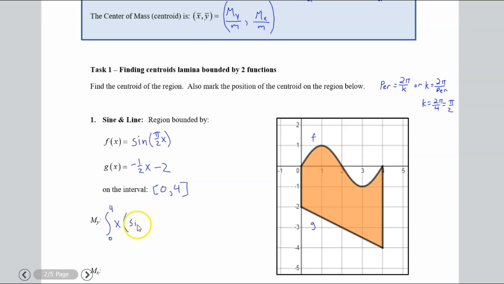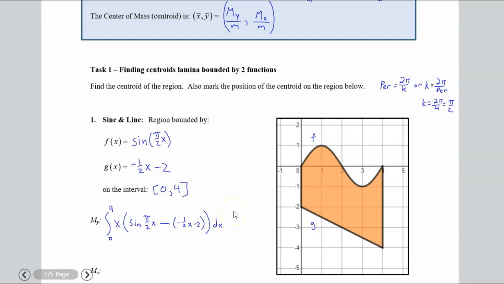So this would be sine of pi over 2x minus this negative 1/2 x minus 2. And you could go ahead and distribute and simplify that if you wanted, with our dx right there.